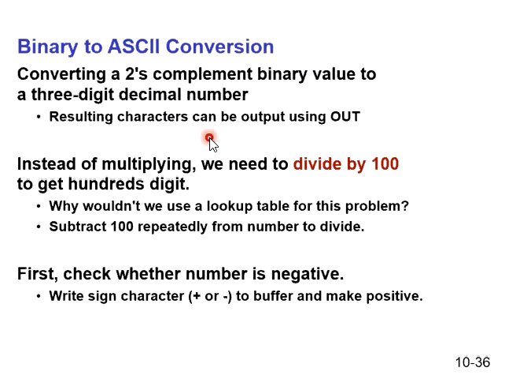And you have some limitation for the subroutine. We need to design a subroutine for converting a two's complement binary value to a 3-digit decimal number.